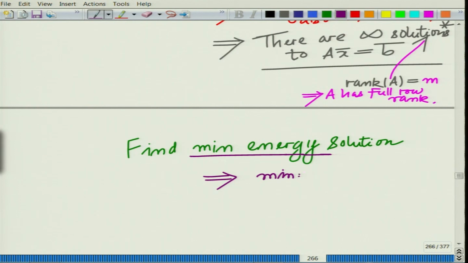Remember, if you represent a signal by a vector, then the energy is given by the norm.